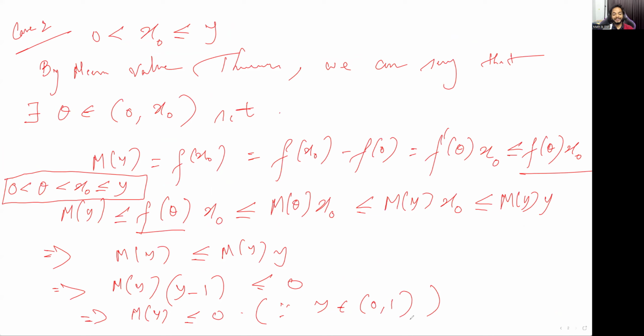Otherwise, what would have been the problem? If y is 1, then that becomes 0, and so we cannot conclude anything about m of y. So to be on the safe side, we want that m of y should be less than or equal to 0, right?